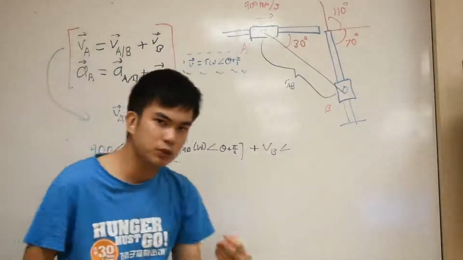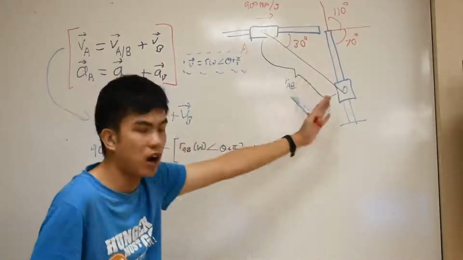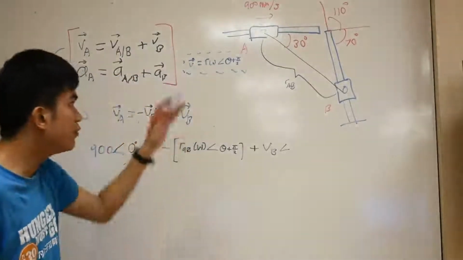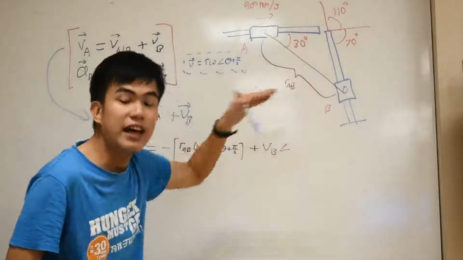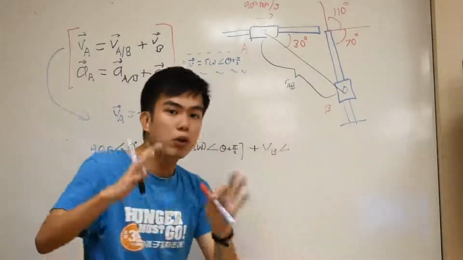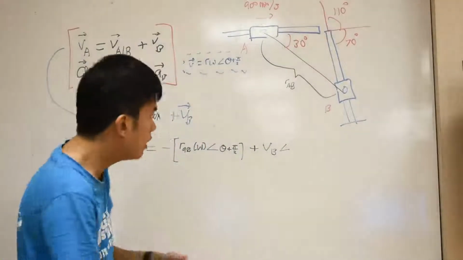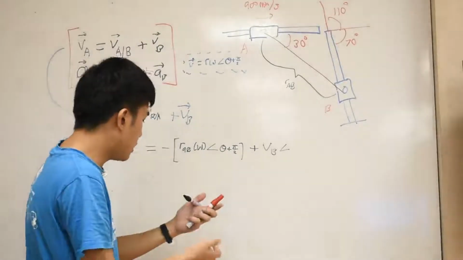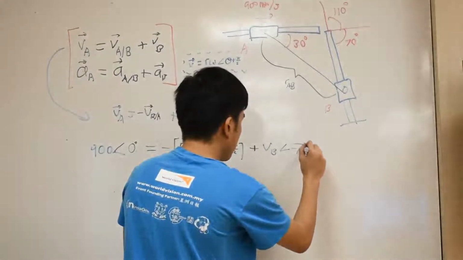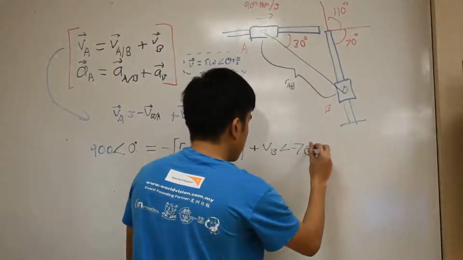So the next question is, do we put 70 or 110? The answer is, it does not matter. This is because if the absolute motion is opposite of what you initially defined, there will be a negative sign. In this case, I will put the direction of motion of VB as negative 70 degrees. To make things easier, 70 degrees.